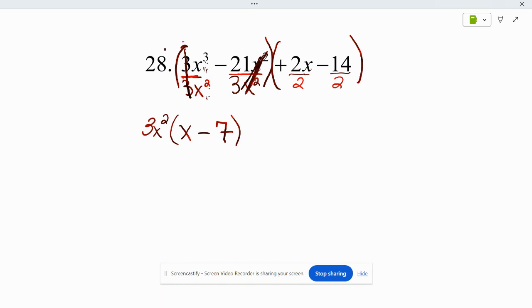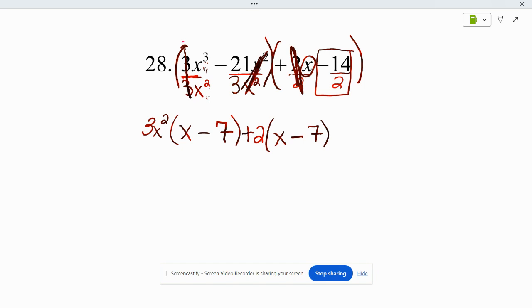Doing great. I'm going to bring out my plus 2 that I'm taking out of the second term. So Noah, when I cancel out a 2 from the top and the bottom, what do I have left? X. And negative 14 divided by 2 is? Good job. Negative 7. Do I have the twin that I'm looking for?